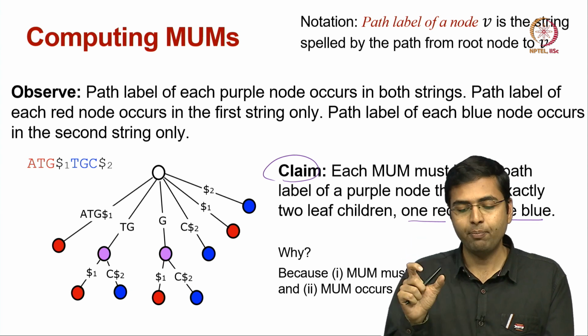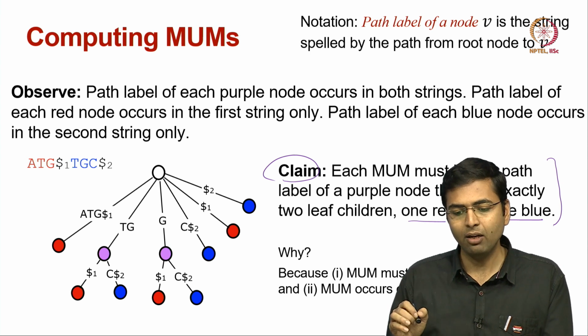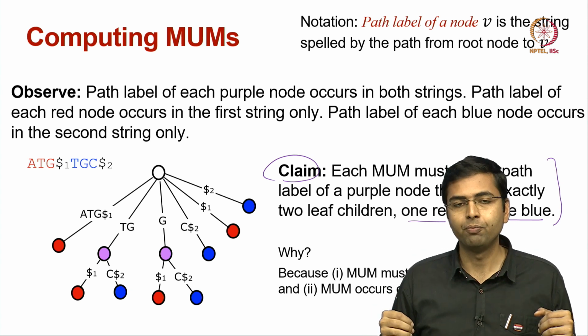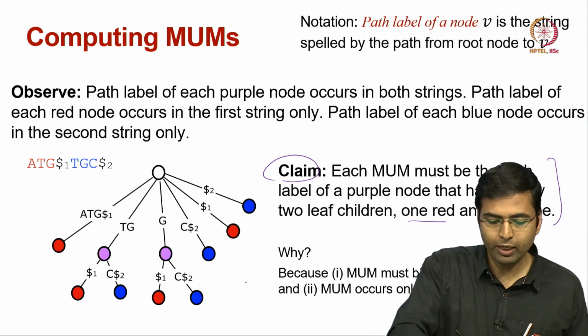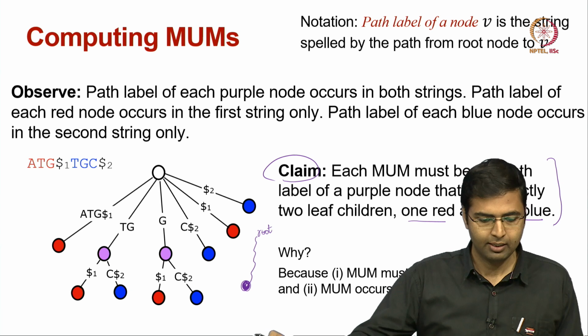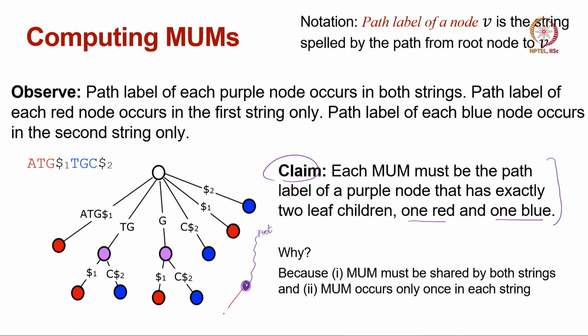So what we are looking for is that each MUM is a path label of a purple node that has exactly one red child that is a leaf node, and one blue leaf node.